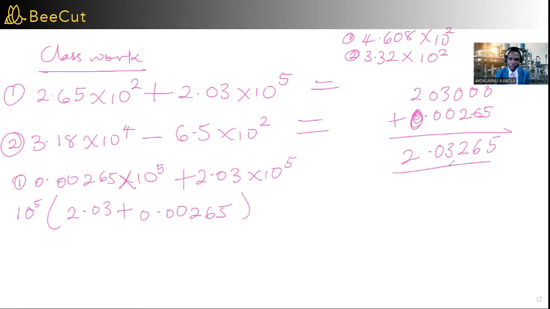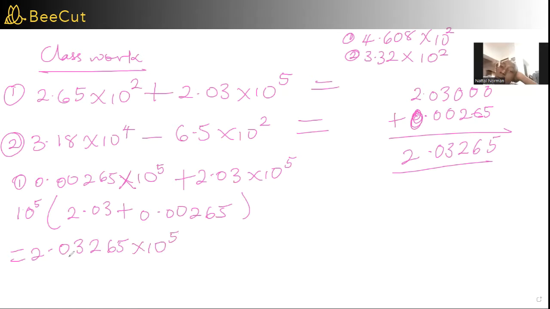So now I will say the answer to this one is 2.03265 times 10 raised to power 5. So that is the answer.